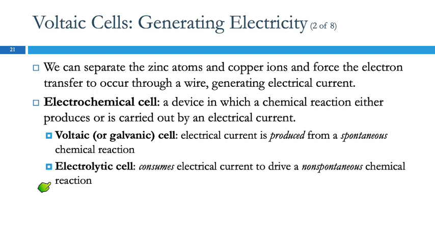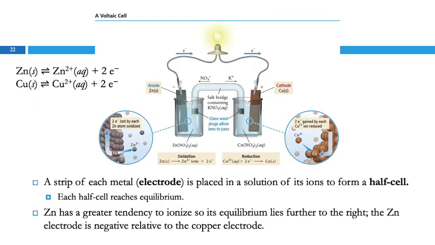An electrolytic cell is where electrical current is consumed in order to drive a non-spontaneous chemical reaction. So this is an example of a voltaic cell. This is going to generate electricity using the copper and zinc reactions.